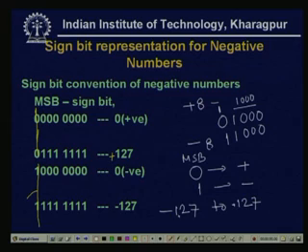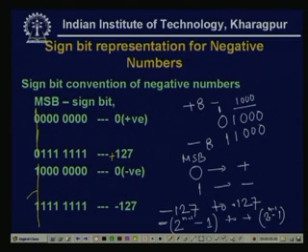In general, for n bits, it is from minus (2 to the power n minus 1, minus 1) to plus (2 to the power n minus 1, minus 1). See, 127 is 1 less than 2 to the power 7. So this is the range that an n-bit number can represent in sign bit convention.